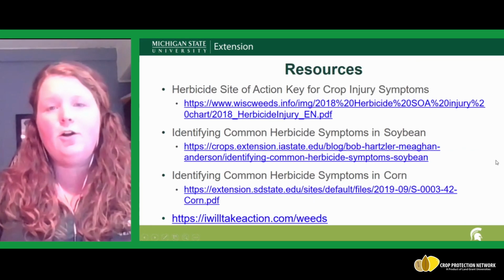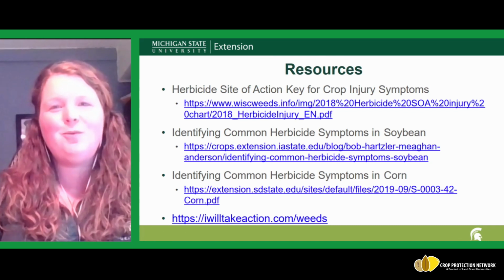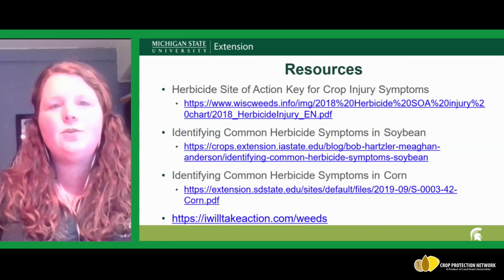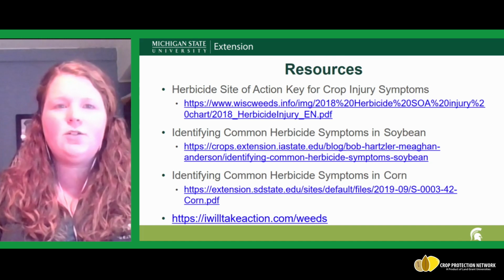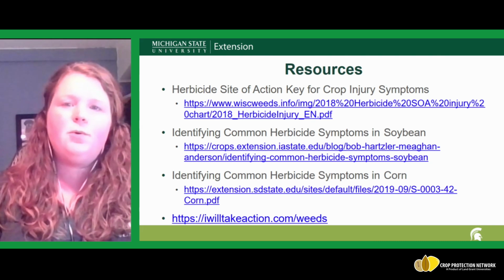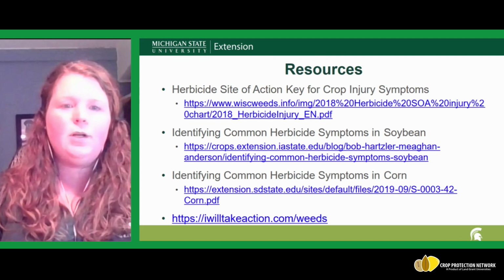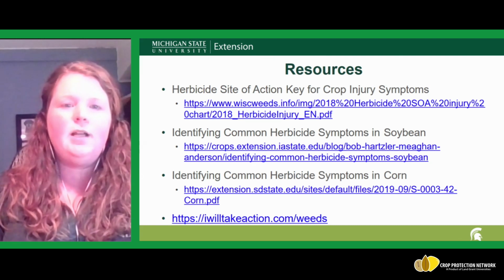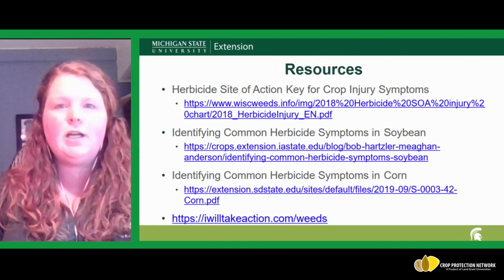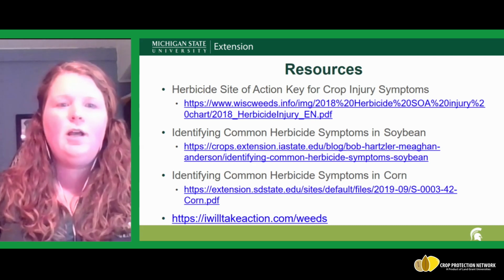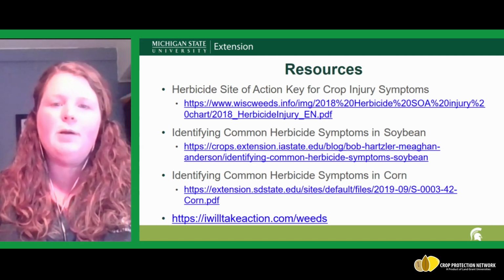So that was a large amount of information, but there are some really great resources out there in different keys. There's a herbicide site of action key for injury symptoms. Also, two great publications were put out for injury symptoms in soybean and injury symptoms in corn. And if you're interested in that poster that I used to frame this session, go to iwilltakeaction.com/weeds.